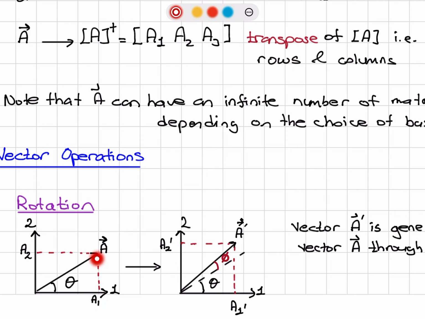And then if I rotate this vector by an angle phi in the counterclockwise direction, so that the new angle it makes with the one axis is theta plus phi, I would have different components, A1 prime and A2 prime. The projections of this vector A prime, the new vector that's obtained by rotating the old vector A by an angle phi in the counterclockwise direction. This is one operation I can perform on this vector.